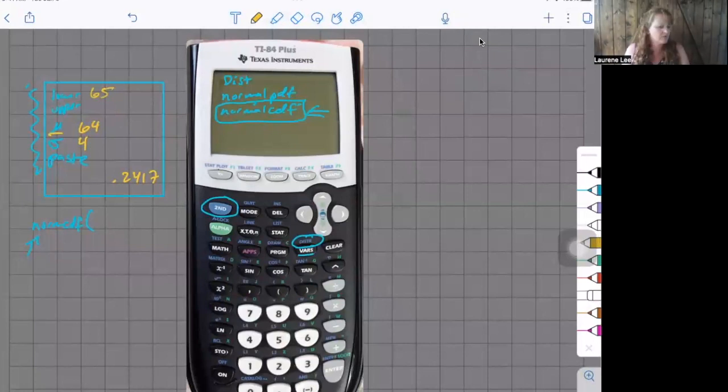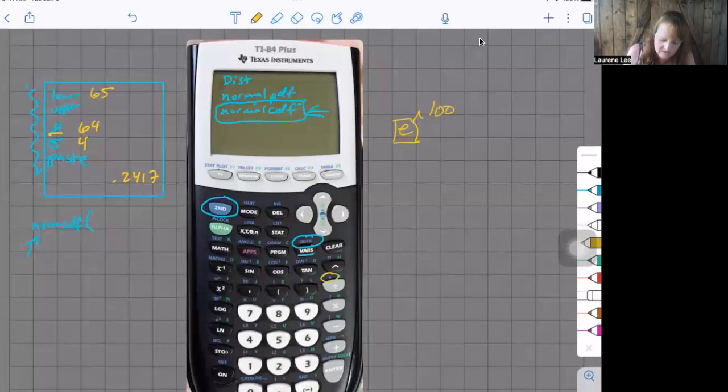And the way that we do that on a TI is we're going to write E to the 100 power. So first of all, E is right here above the division sign. This is just a number to the 100 power, which is really big. So it's just a way of writing 10 million easily. Okay, so the E button's here.